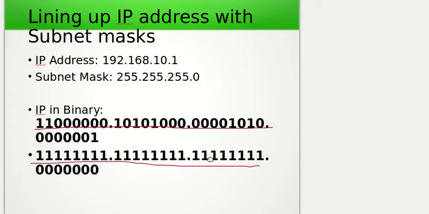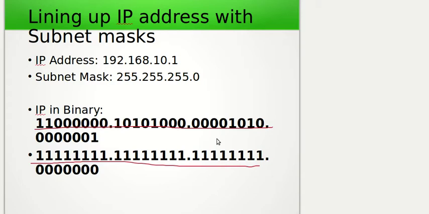In binary, we don't do it on a per octet basis; we do it on a per bit basis. So these 24 binary bits have to match between devices in the same network as me. These devices have to have 11000000 dot 10101000 dot 00001010 in the first 24 binary bits, and we can't have any difference.